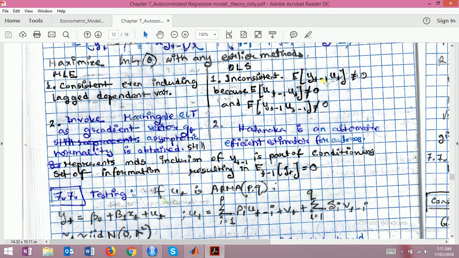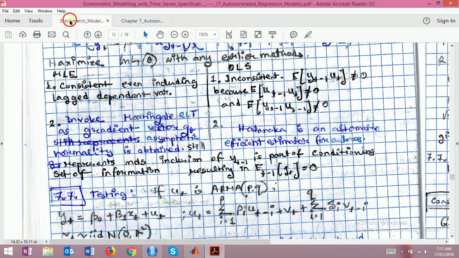And in maximum likelihood we can invoke the Martingale central limit theorem for the gradient vector, where none of the variables are associated with their lags. Asymptotic normality is obtained, and we still represent a Martingale difference sequence. Inclusion of yt minus 1 is part of the conditioning set of information. To get the efficiency of OLS, Hatanaka is an alternative estimator. Hatanaka is based on OLS but is an alternative estimator.